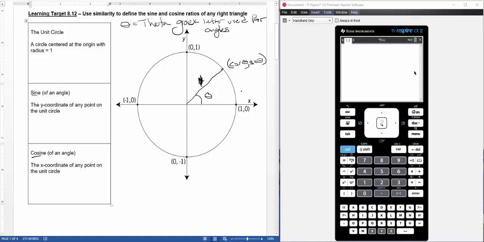So what does this tell us more? Well, the x-coordinate is how far you would walk in the x direction from the origin until you get right underneath the point you're after. So you could draw in a distance. And this distance from the origin to right underneath this point would be a length of cosine of whatever this angle is.